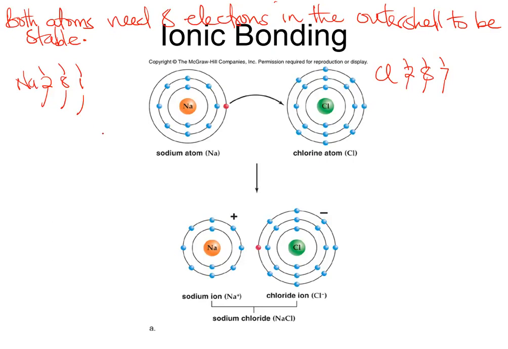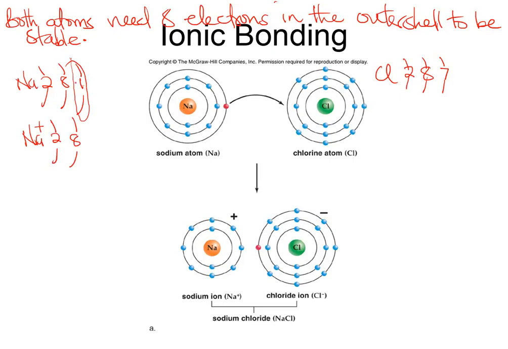That is one way. Another way, sodium can get 8 electrons by losing this electron that is here. So if sodium loses this electron, it becomes sodium ion, which has 2 inside here and 8 outside because this electron is gone.